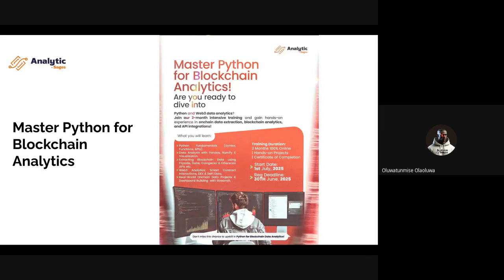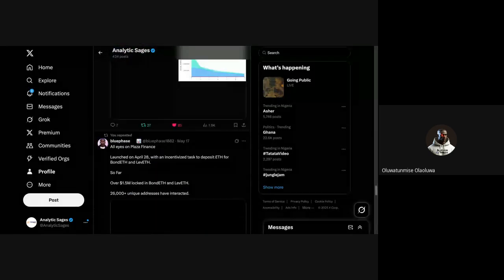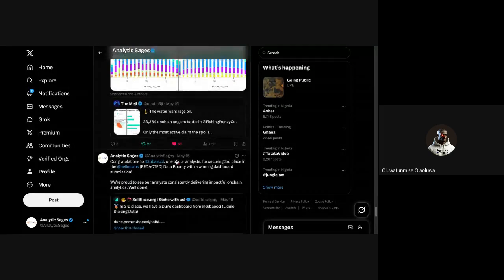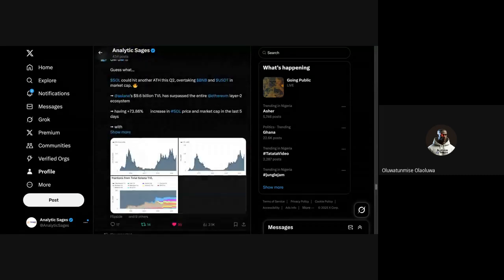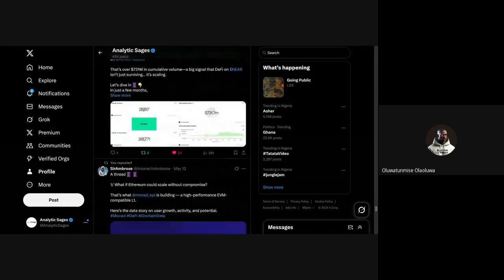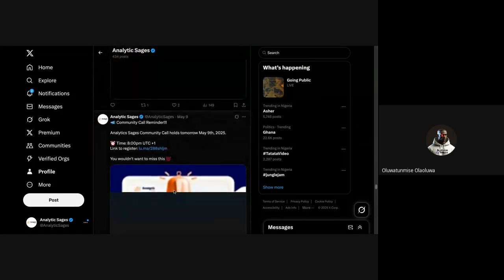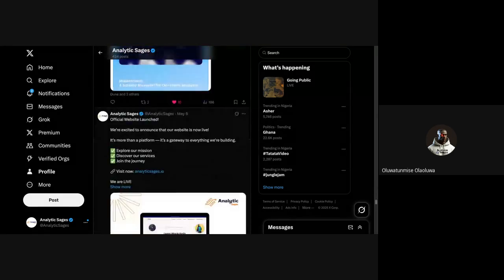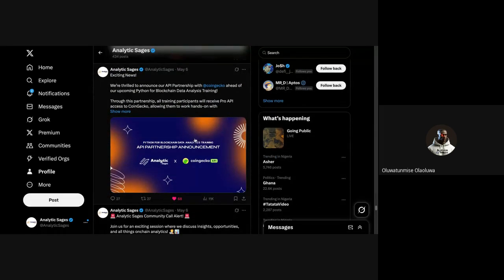Let me show you a brief of our partnership so that you get to see that we are actively involved with industry players in the space. This is our partnership with CoinGecko, announced some weeks back.